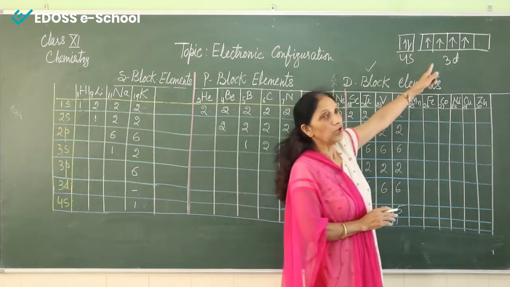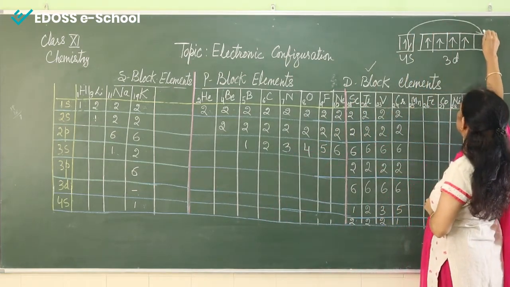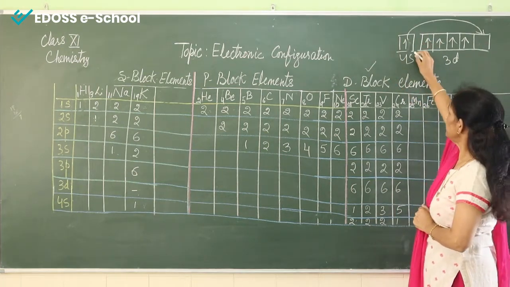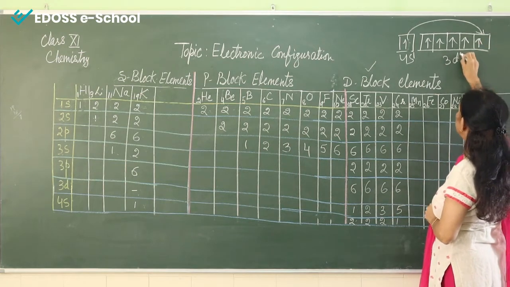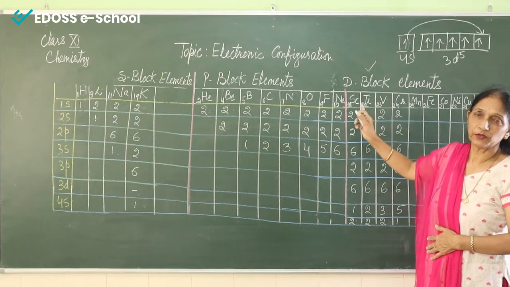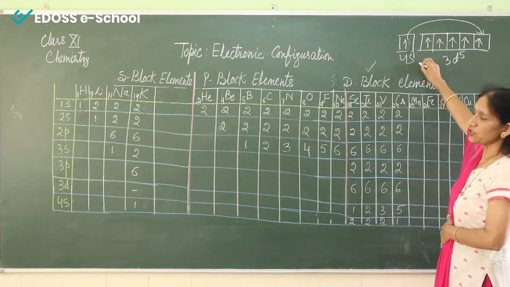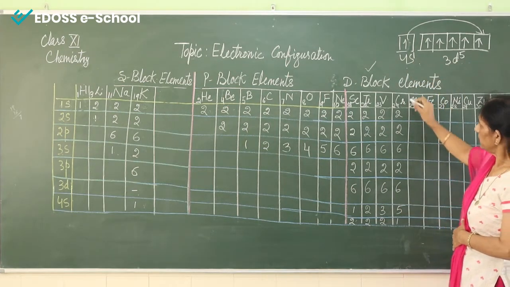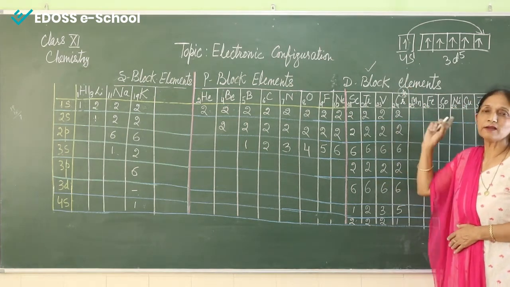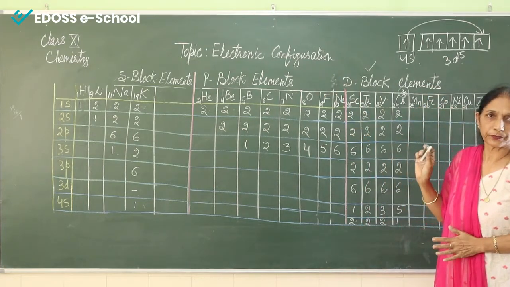So for stability, this electron from 4s jumps into this orbital. So here it becomes 1 and here it becomes 5. This is the exceptional case for chromium, so the electronic configuration of chromium will be 4s1 3d5. You can put a star mark here because it has a different, exceptional electronic configuration.